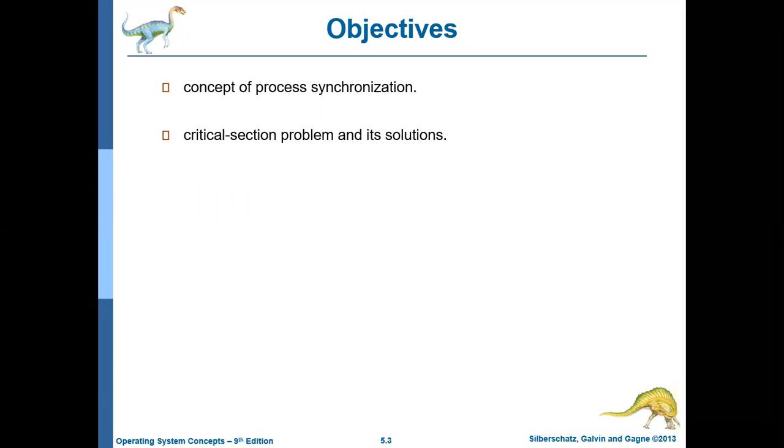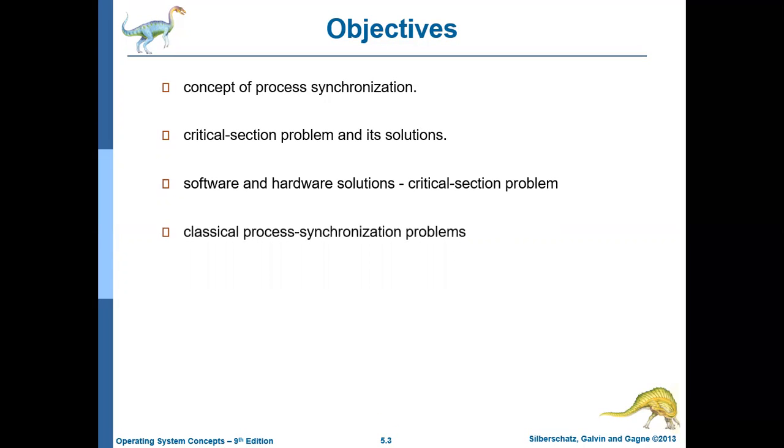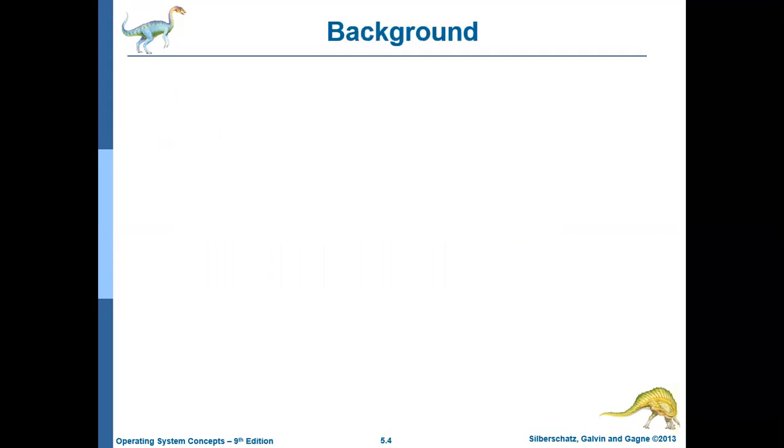That is, if processes were not synchronized, it will lead to a problem called the critical section problem, and how this problem can be solved. We'll be discussing a generic solution to the critical section problem, and then several hardware and software based solutions for it. And finally, we'll be discussing some classical synchronization problems. Okay. So let us move to the topic.